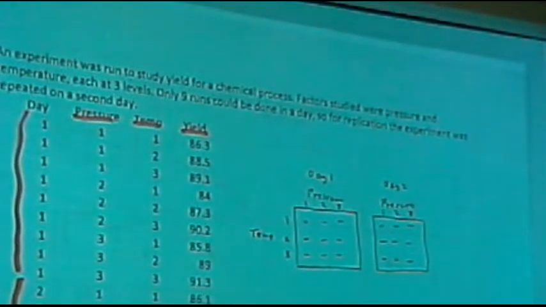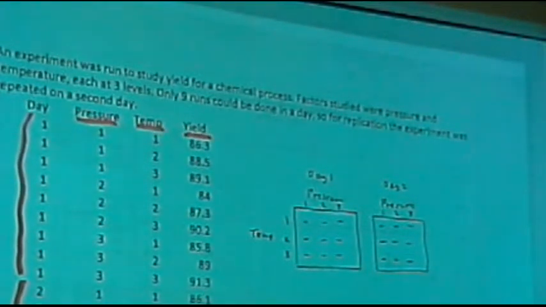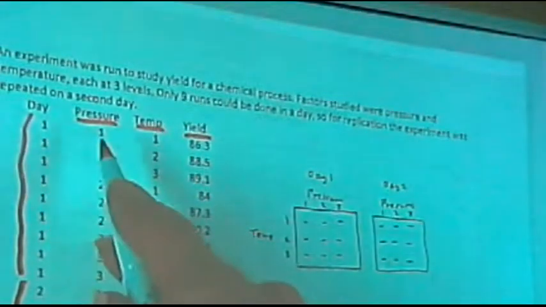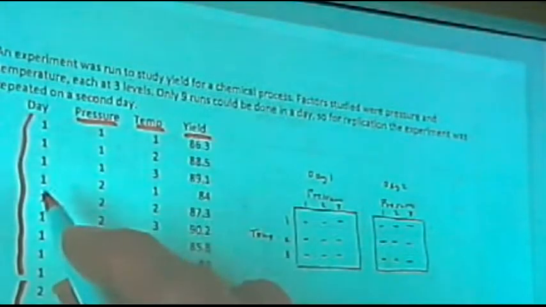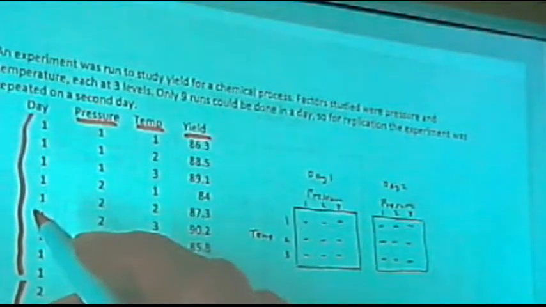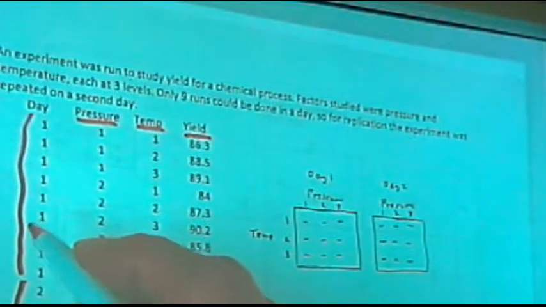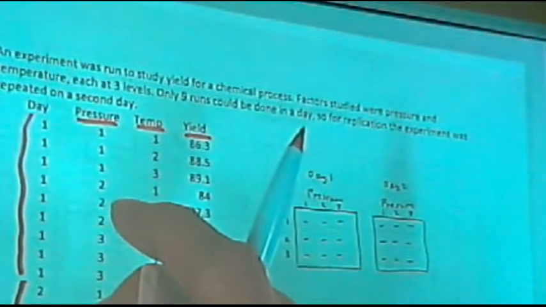I want to test whether pressure or temperature is having any influence on the response. I've got 3 factors, day, pressure, and temperature, but I'm not really interested in day as an important factor. It's sort of like a blocking variable.